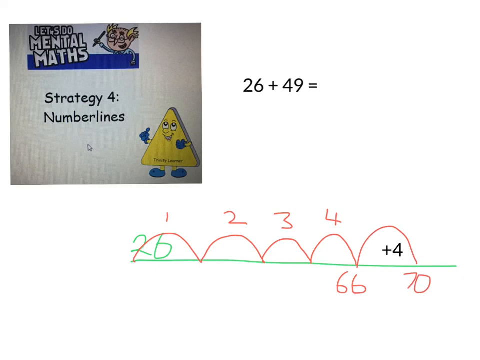Now, I needed to add on 9, but I've only added on 4. So now I have to think, well, what is the difference between 9 and 4? So the difference between 9 and 4 would be 5. So I have 5 more that I need to add on. So I must add on another 5. So my final answer would be 75 once I have added on that last jump.